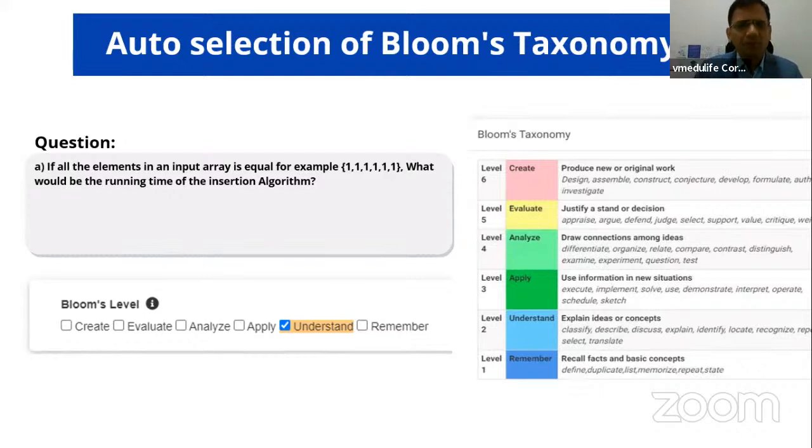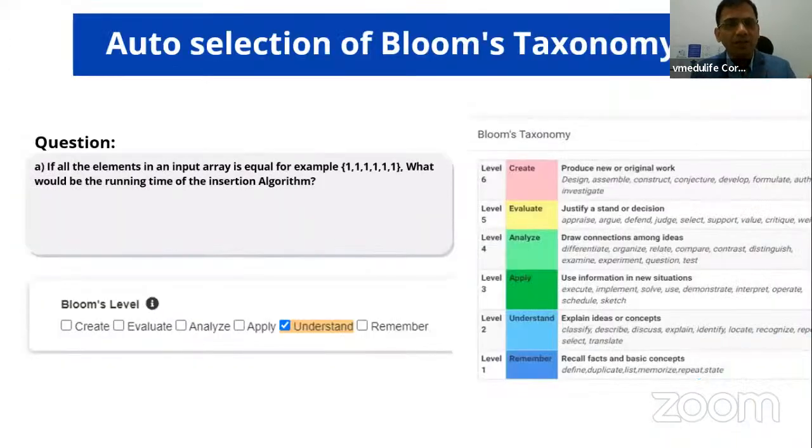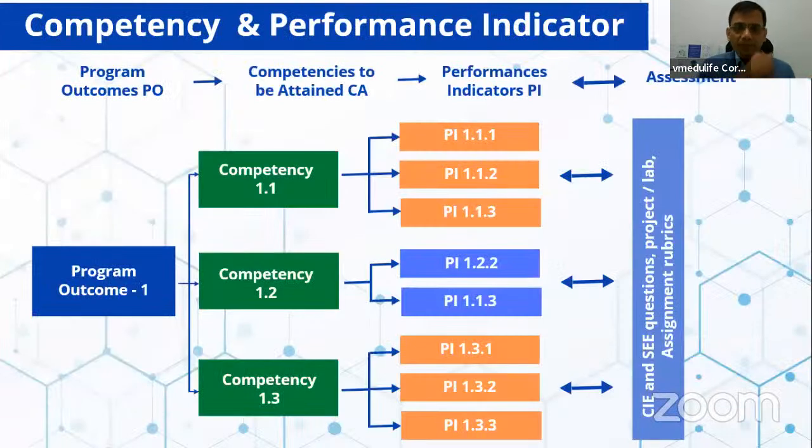If I give maximum weightage to the remember and understand levels, then it will be an injustice to those students who are advanced or excellent learners. So our question paper should be designed by considering all these levels. There should be a more or less equal distribution whenever we design our question paper. That is the significance of Bloom's taxonomy.